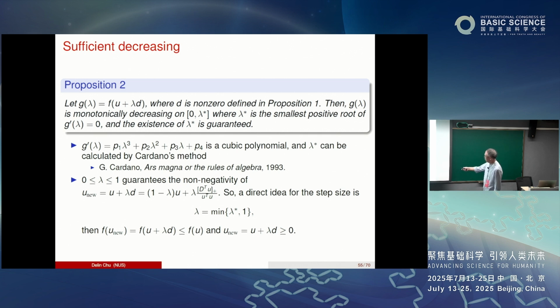Then we can choose lambda as the minimum value of lambda star and 1. If so, then f(u new) equal to f(u plus lambda d) is less than or equal to f(u). Also, u new is greater than or equal to 0.